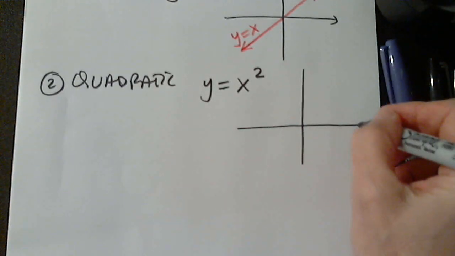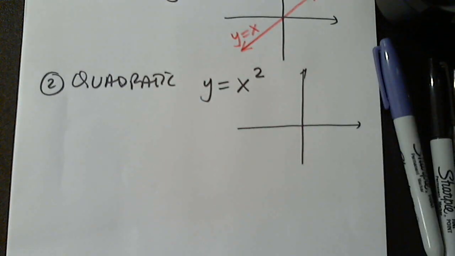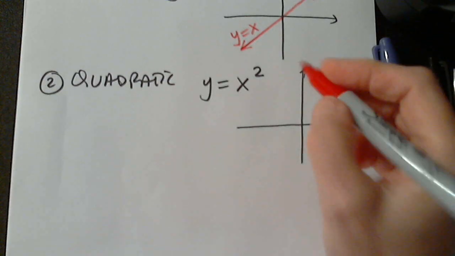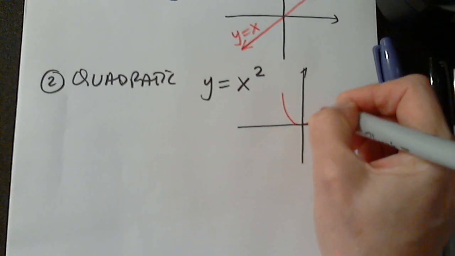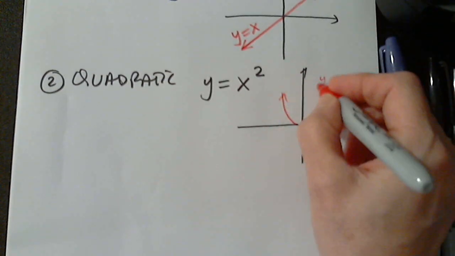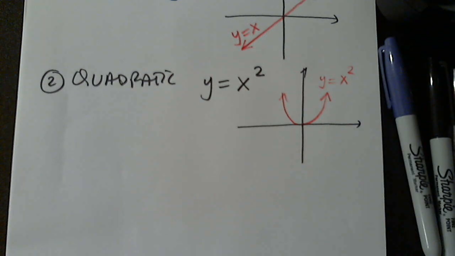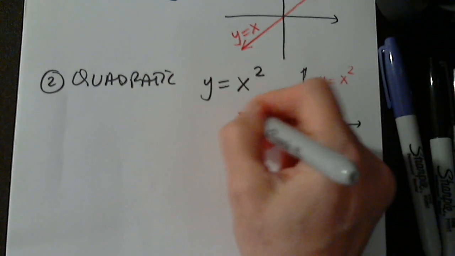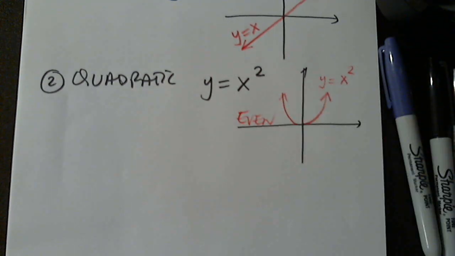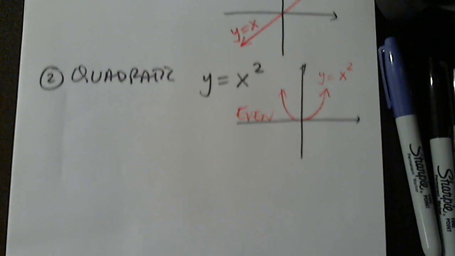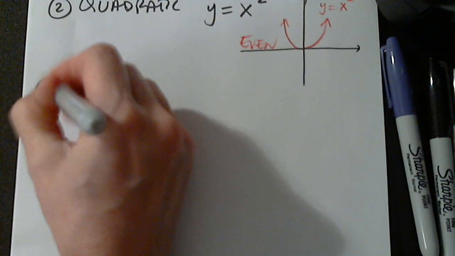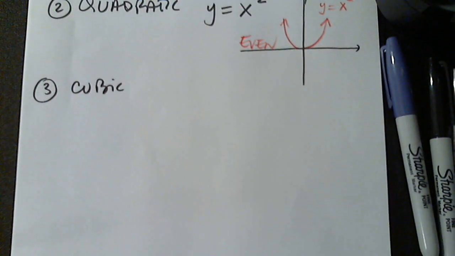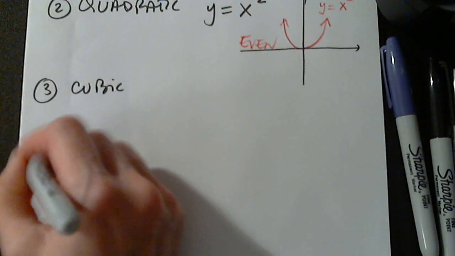We just graphed it a minute ago, or 2 or 3. Here it is. Odd, even, or none of the above. Even. Absolutely. Thank you so much. Next one. Cubic. And the 4th degree.